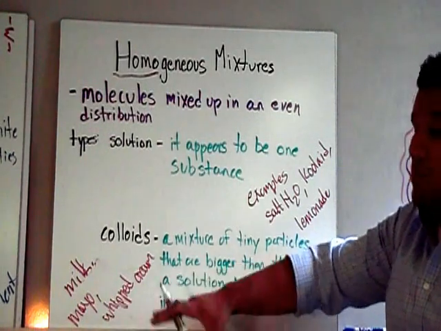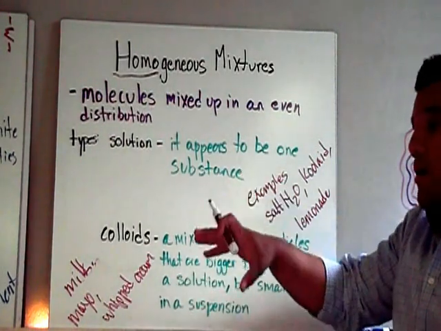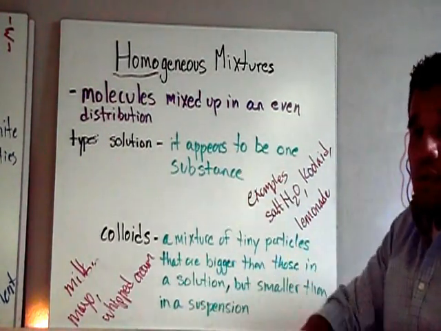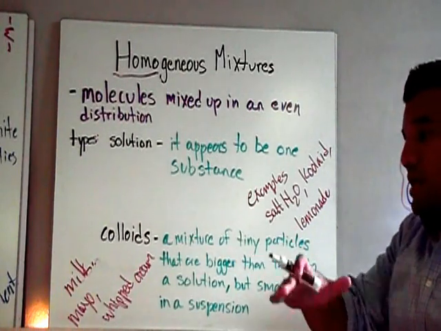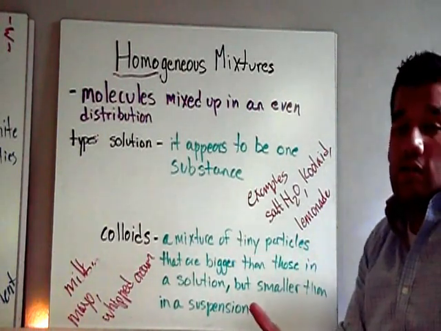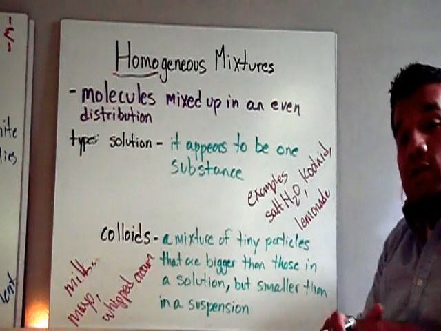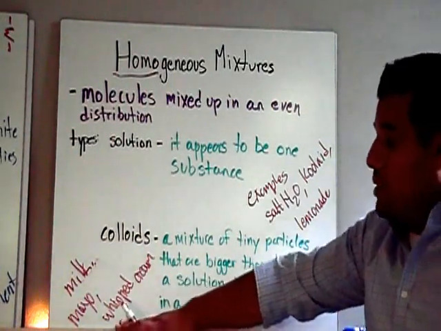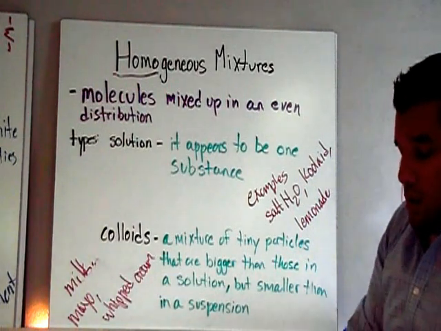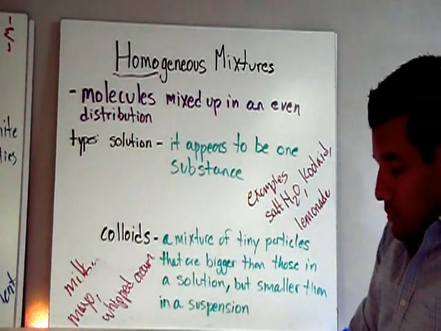Those parts will still remain and will still look like one substance. You won't see milk separate, or you won't see the mayonnaise separate unless there's been a chemical change. Like if milk starts to go bad, because there's a chemical change, then you'll start to see separation. But until then, it all looks like one substance.